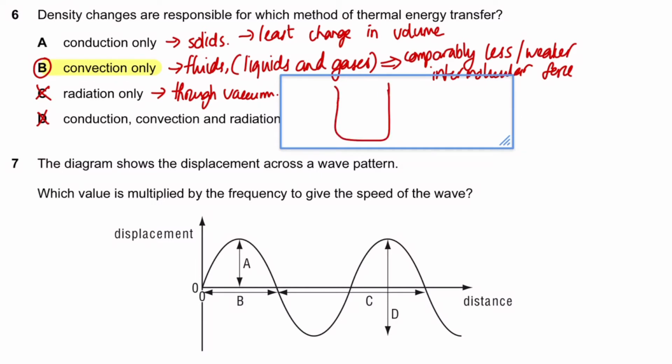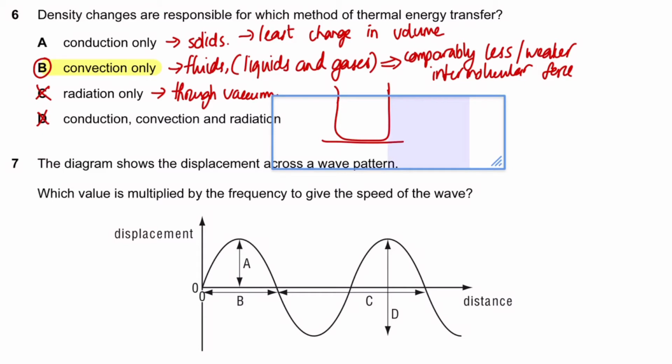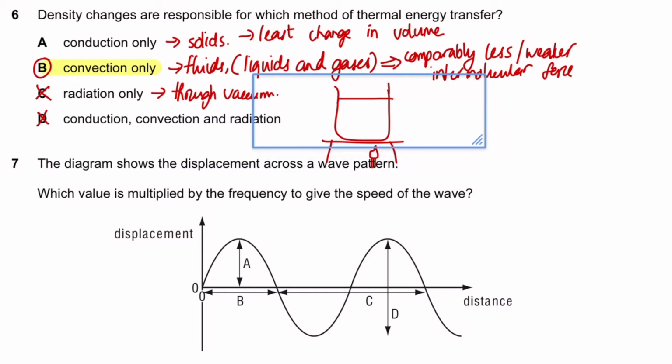We can see from an experiment, if you guys have been exposed to this, you have a Bunsen burner here. You have maybe a beaker filled with liquid or water. Just make it water for now. You have potassium permanganate here. This potassium permanganate is directly on top of the Bunsen burner flame, and the purple color dye will travel around the water.